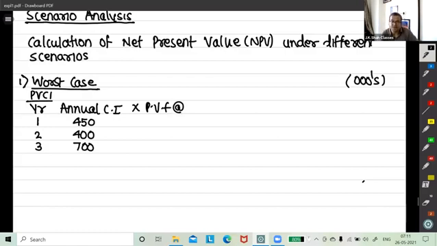What is the cost of capital? 9%. So 1 divided by 1.09, 0.917, 0.842, 0.772.